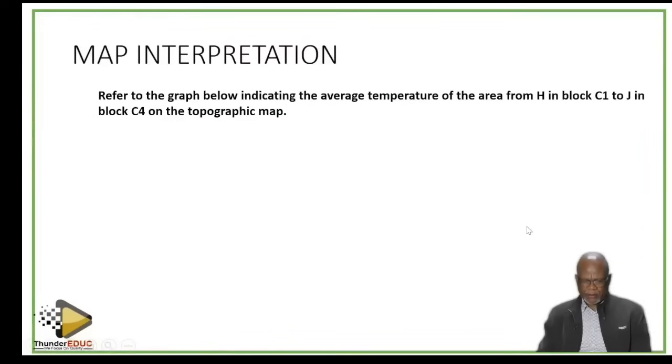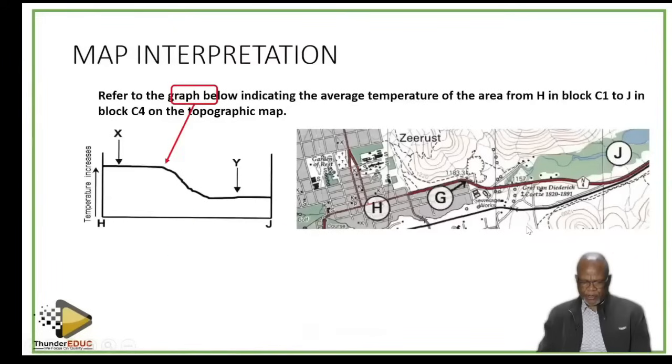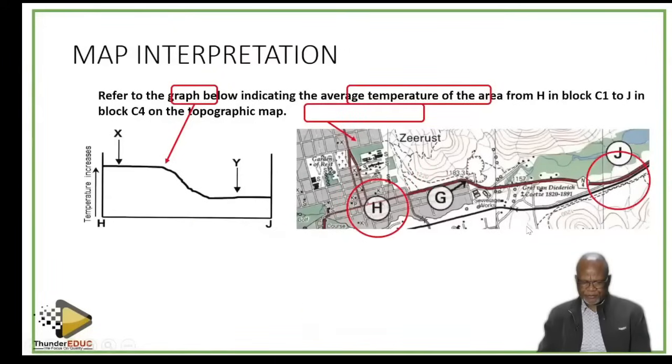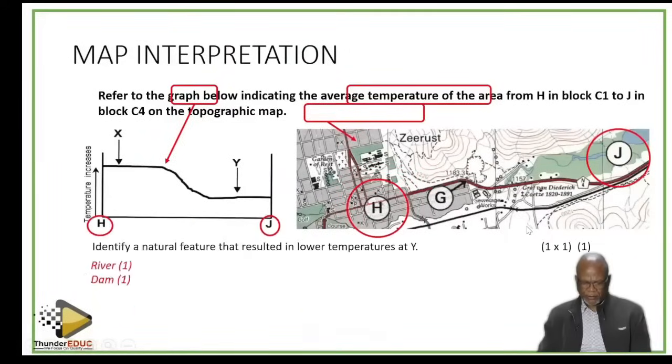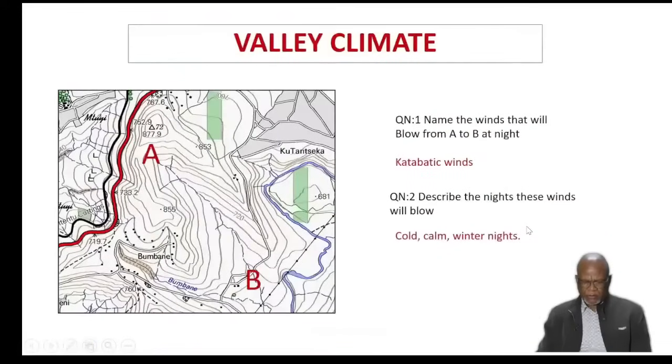Now let's look at this other one. Okay, we have already done that. Now, another way of map interpretation can also be katabatic and anabatic winds.